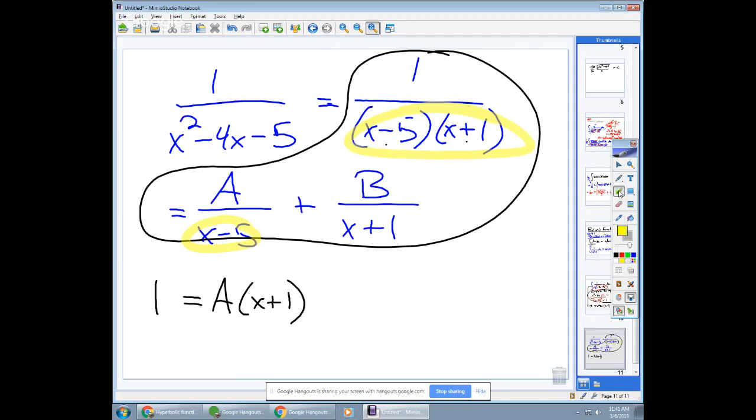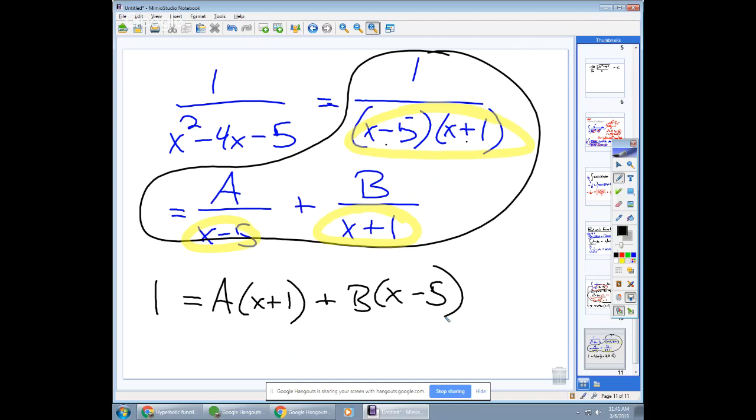And when I multiply the other fraction, the x plus 1 is going to cancel, so I get plus B times x minus 5. So that's a similar version of the same relationship, but written as a polynomial instead of a set of rational functions, and it's going to be a little bit easier to work with.